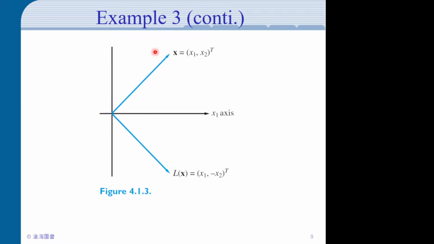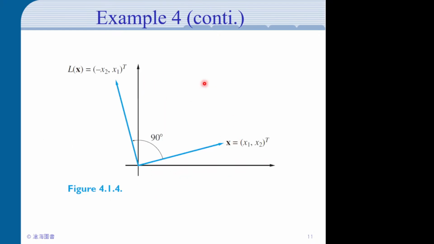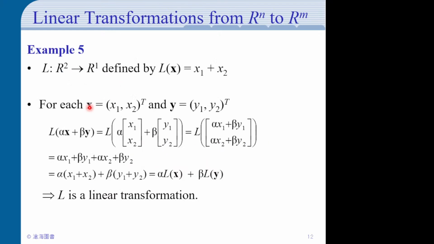Reflection is also a linear operation. You negate your y value and reflect around the x-axis, and this is a linear operation. Rotation is also a linear operation. You rotate every vector on this 2D plane by 90 degrees, and yeah, this is linear.